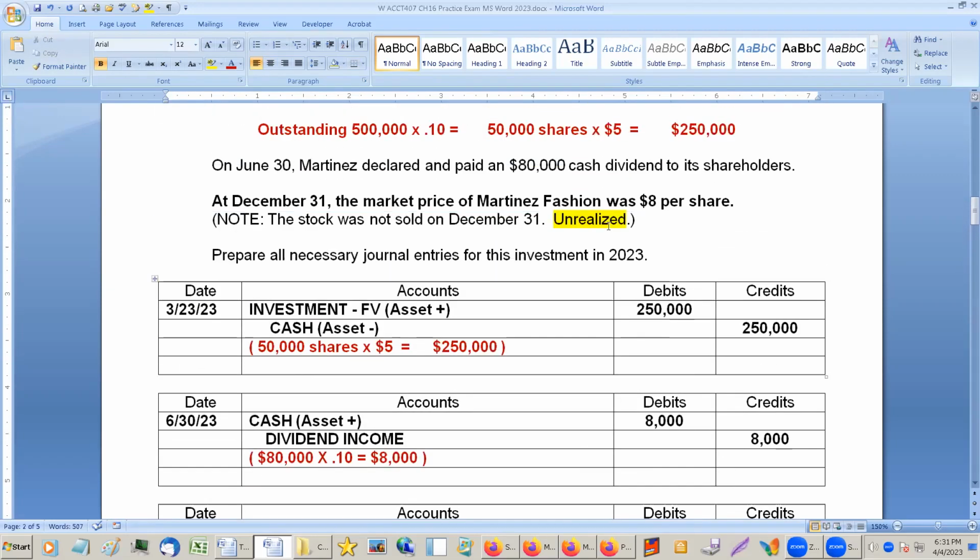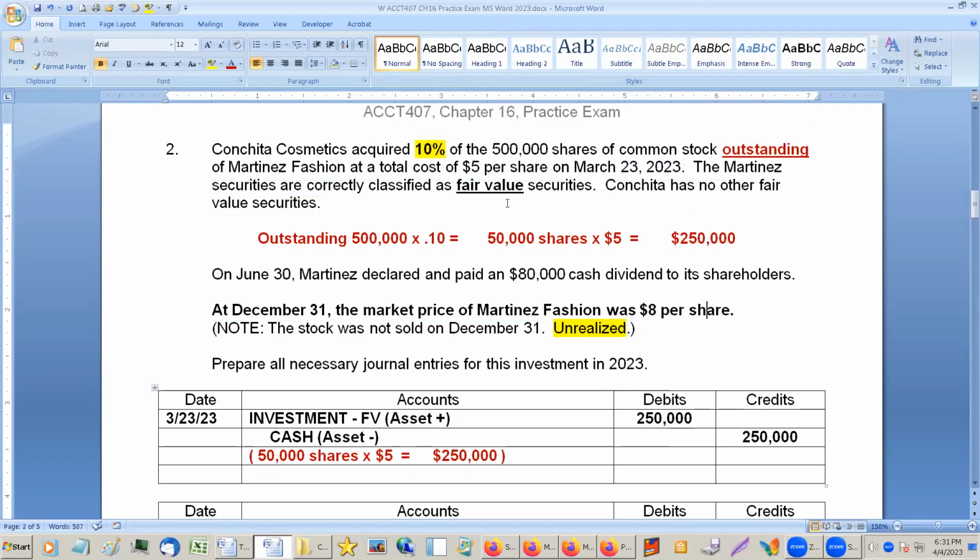So the fair value adjustment must have been 0 if these are the only securities. There wasn't anything in the fair value adjustment. These are the only stocks that they had.